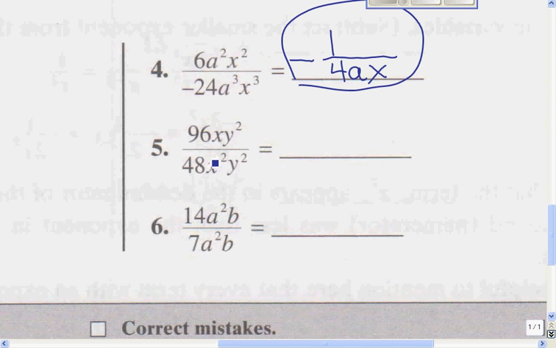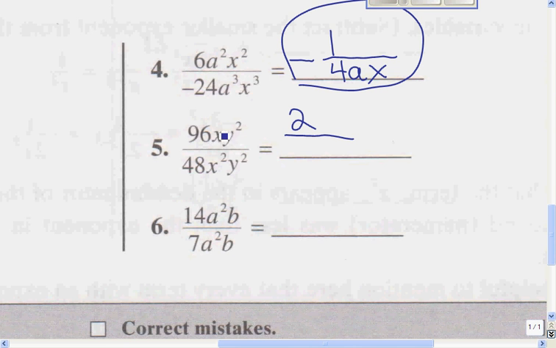So that means that 96 divided by 48 equals 2, because 2 times 48 equals 96. So my answer is 2. And this is tricky. My answer is 2.